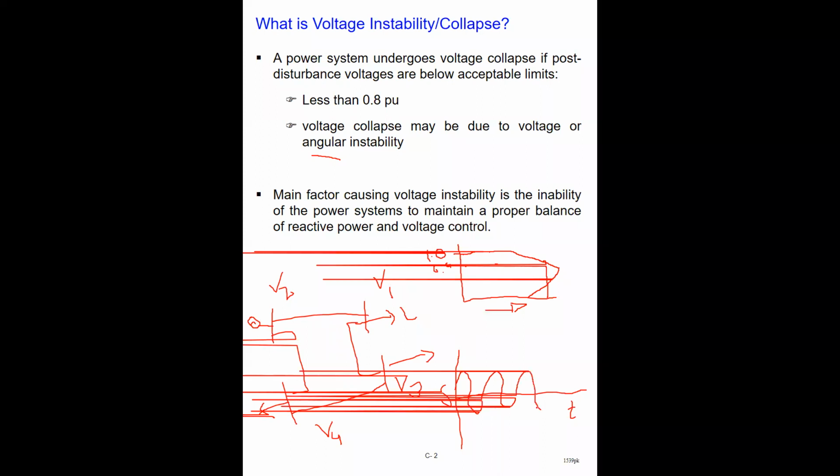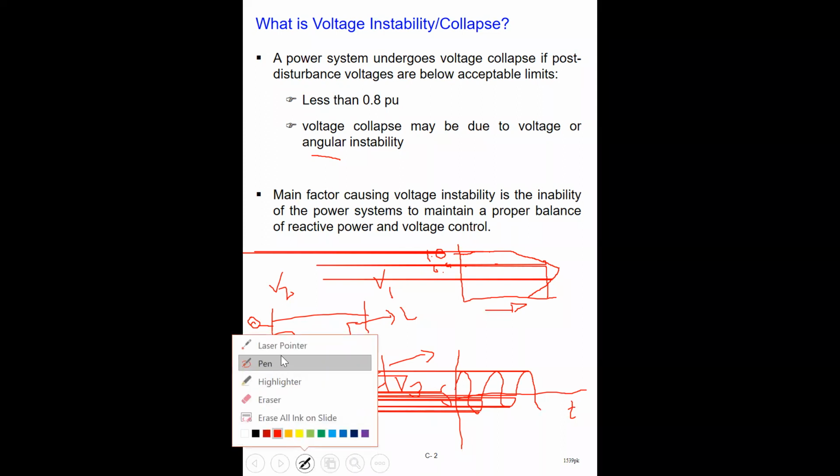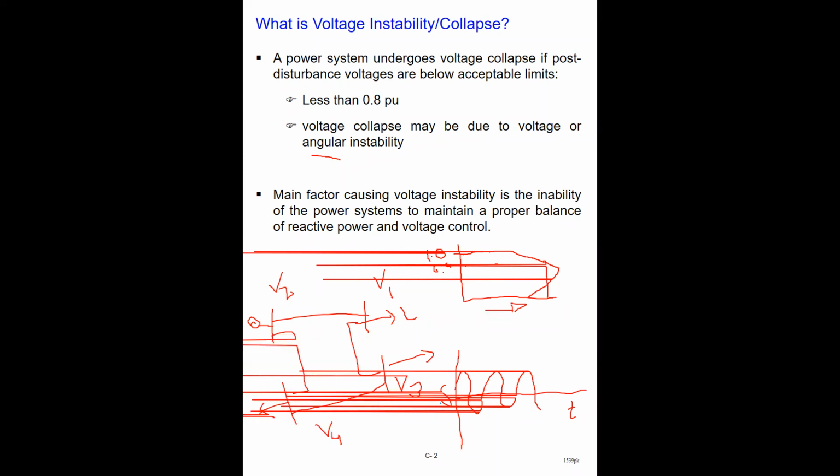But depending upon what type of disturbance takes place, it is possible that you can have the first swing instability, and I can say, let's say the rotor angle increases and then it goes beyond. This is an example of first swing instability, and that could be something like 1 second or 2 seconds here.